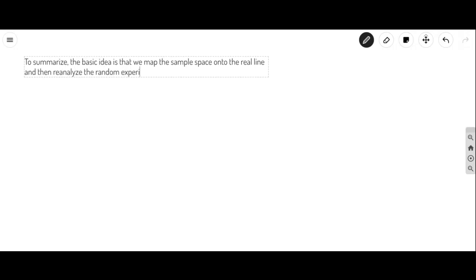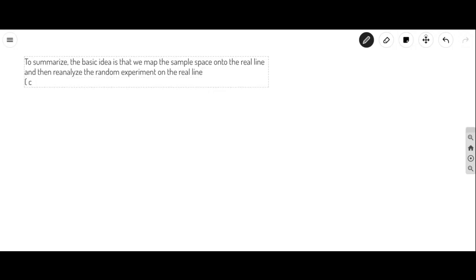So maybe to summarize, the basic idea is that we map the sample space onto the real line and then reanalyze the random experiment on the real line.